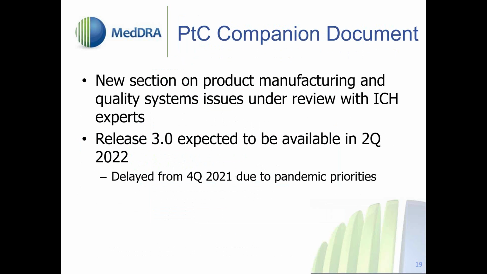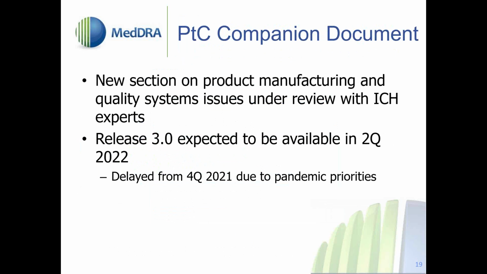Now, the points to consider companion document, a little bit details on this. As you know, this companion document details and sort of focuses on primarily medication errors, product quality issues, as well as data quality issues. Currently, we have just completed a new fourth section focusing on product manufacturing and quality systems issues, and now that currently is being reviewed with our ICH experts.